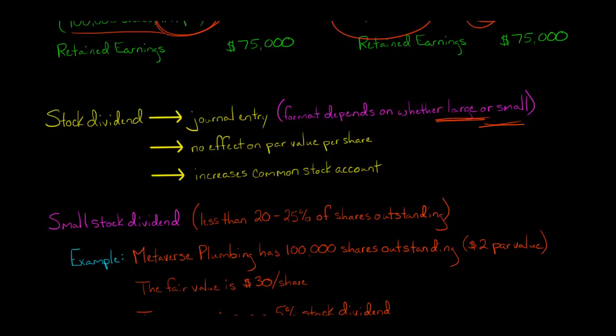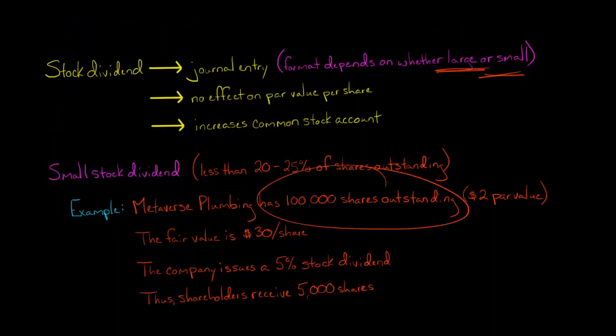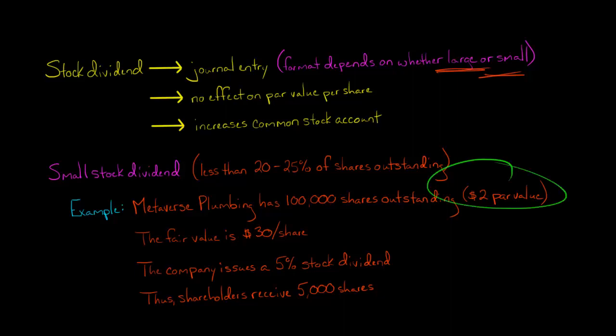So here's an example. Let's say Metaverse Plumbing has 100,000 shares outstanding before the stock dividend, and they were $2 par value per share. The fair value of the shares is $30 per share before the stock dividend. The company issues a 5% stock dividend. This is going to count as a small stock dividend.